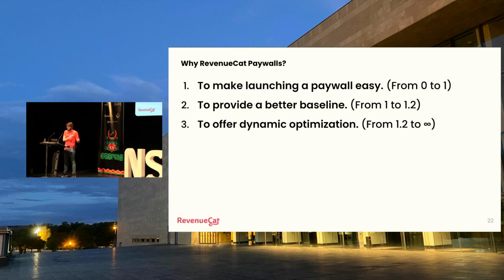Next, to provide a better baseline, we take you from 1 to 1.2 by providing out-of-the-box paywall templates that follow the best practices that we've seen, cover all these common cases, and can also be matched to your branding. And finally, to offer dynamic optimization. This can potentially take you from 1.2 to infinity, right? You can test all the configurable variables for your paywall and try different paywalls until you find the paywall that converts best for your app.